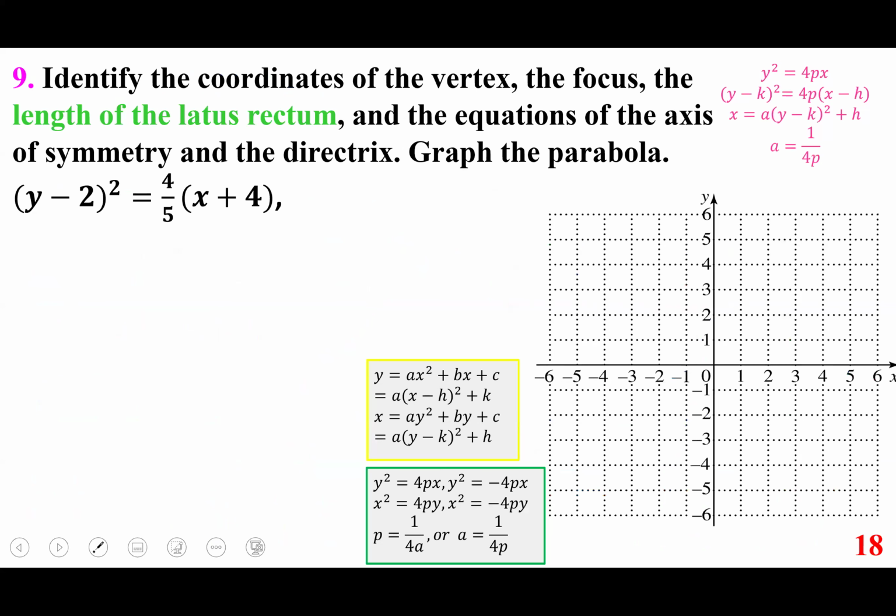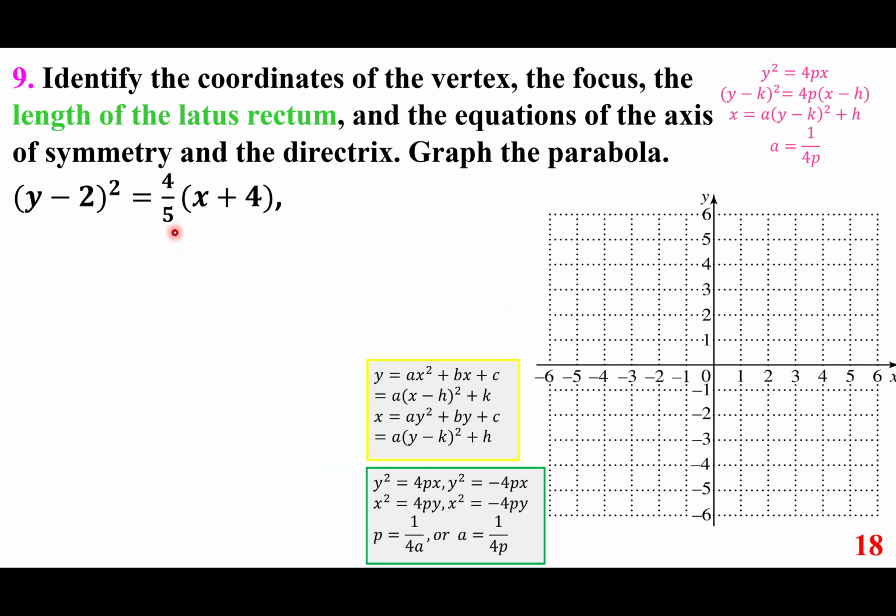All right. Identify the coordinates of the vertex, the focus, the length of the latus rectum, and the equation of the axis of symmetry and the directrix. Graph the parabola. (y minus 2) squared equals 4/5 times (x plus 4).